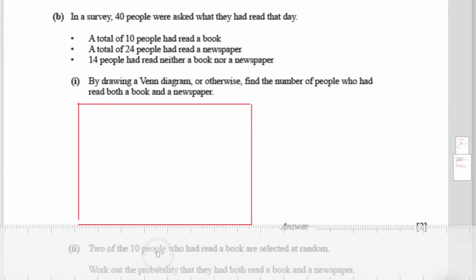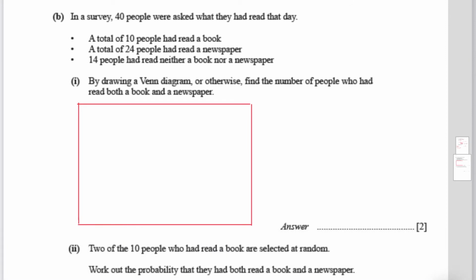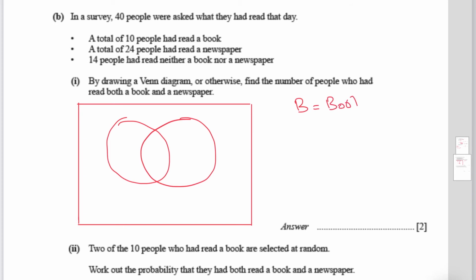Then there will be two circles, but we don't call them A and B. We call them B for books and N for newspapers. So we write B over here and N over here. I know the circles look really bad, but let's make use of them.